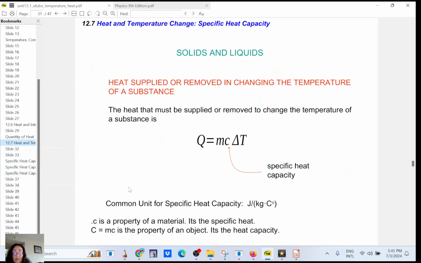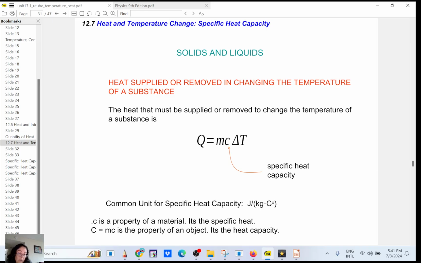If you go back to here, the lowercase c is a property of a material, so it's called a specific heat. But if you have the uppercase C, the mass is included inside. So it depends on the property of the object, and this is called the heat capacity.